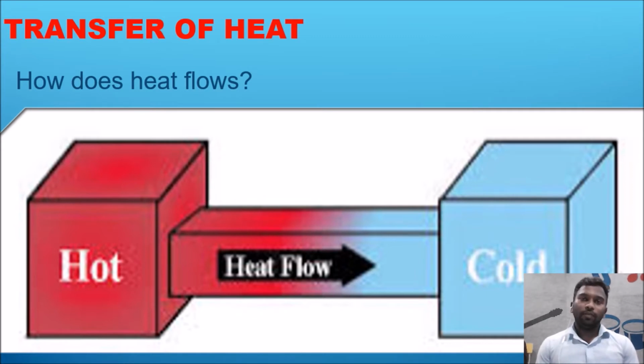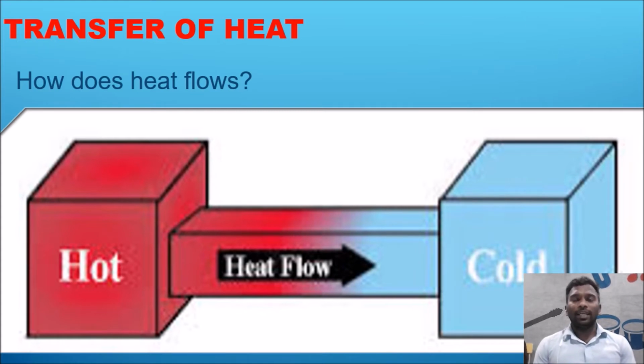In the same way, heat can transfer from hotter objects to cooler objects, or from a hot body to a cold body, right? For example, if you touch a hotter substance, you feel some heat. What happens in this situation?